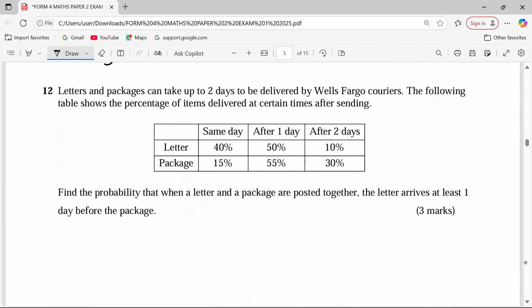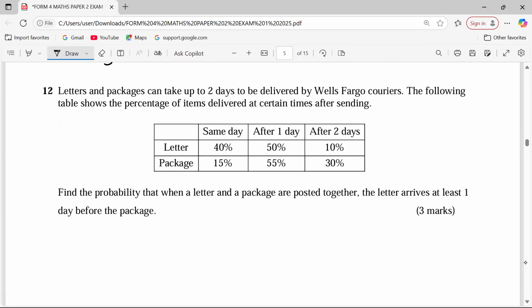Number 12. Letters and packages can take up to 2 days to be delivered by Wells Fargo couriers. The following table shows the percentage of items delivered at certain times after sending. When you send a parcel, a package, or a letter, if it arrives the same day, for letter and package, it is 40 and 15 percent respectively. After 1 day, 50 and 55 respectively.